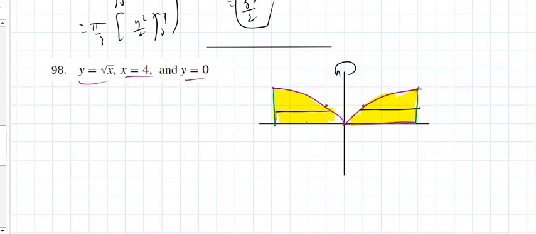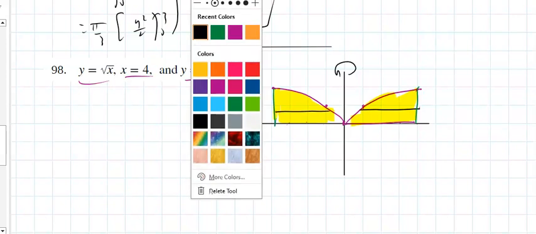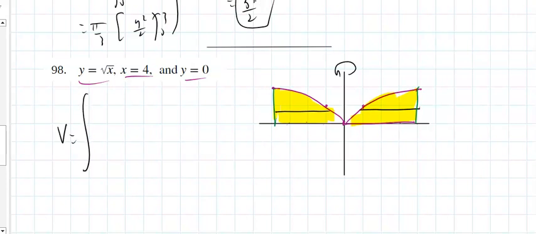Now, we notice that volume is going to be the integral, and it's going to be with respect to y of y equals 0. Now let's see, if we put x equals 4 and y equals radical x, that makes it y equals 2. So a big difference. And we notice that in this case, the outer rim is the green.